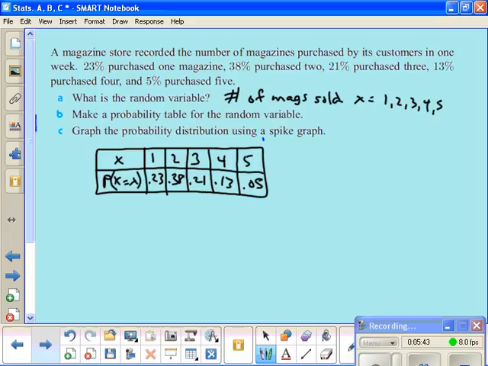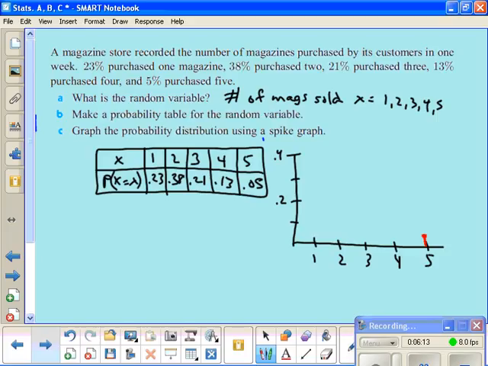And then lastly, it's asking us to do a graph. So we can still do a graph as well. Let's just say this is 0.1, 0.2, 0.3, 0.4. And we can graph these, 1, 2, 3, 4, 5. And this first one, 5%, is going to be that column, that bar.